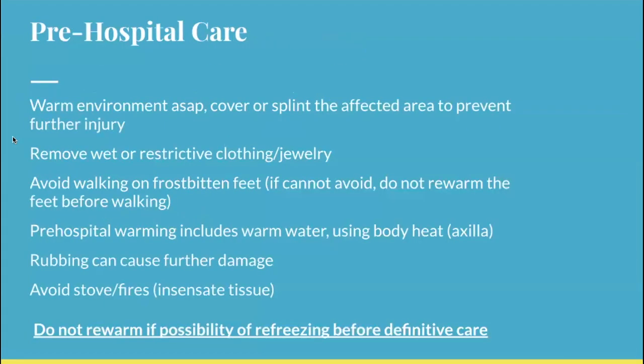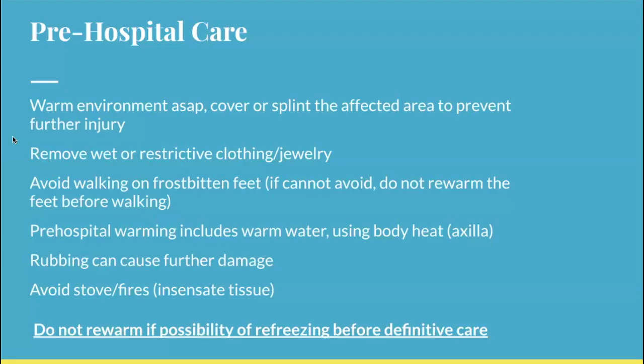More pre-hospital care, you want to prevent further cooling with insulating fabrics, seek shelter, cut off wet clothing, but only once you're within the shelter, and remove restrictive clothing and jewelry. With mild hypothermia, you can use passive warming, support with calorie replacement, and then moderate to severe, more active rewarming, apply heat to the torso, chest, axilla, back.